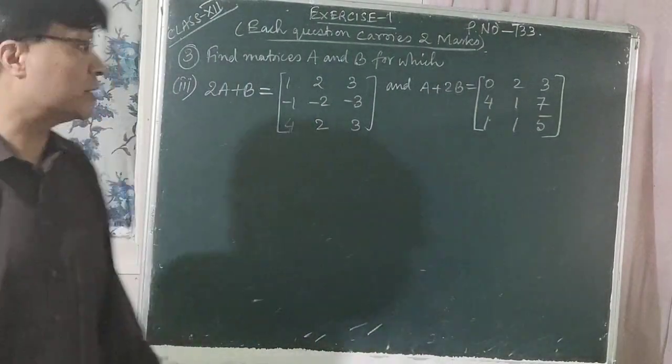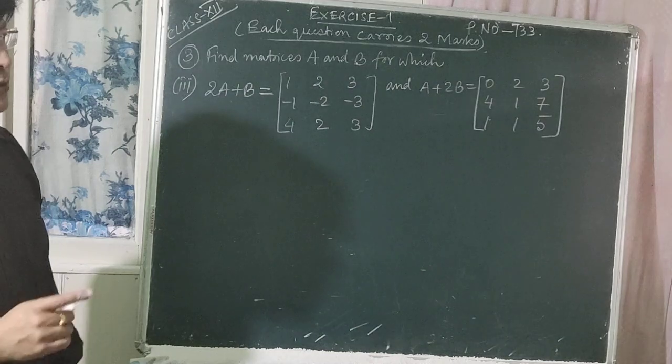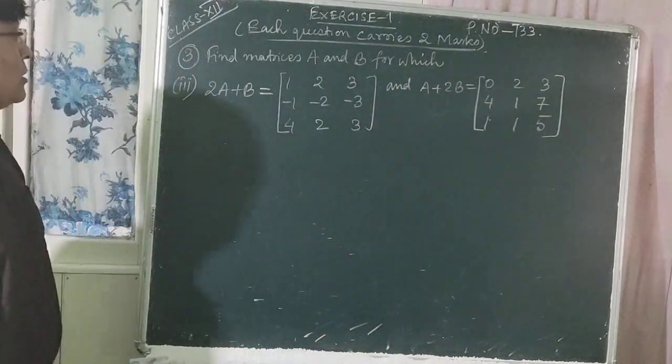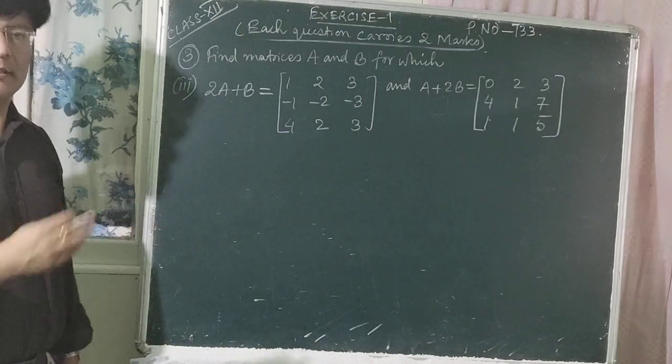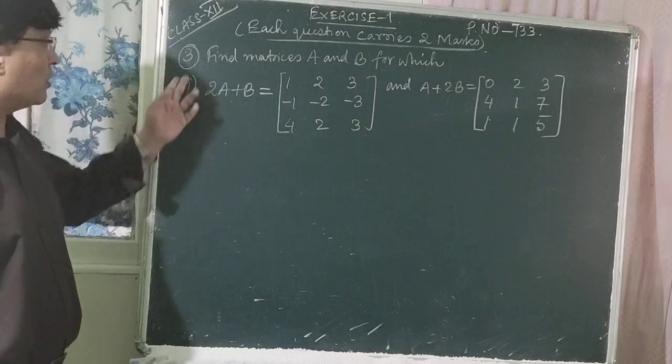So now we'll do the next question, that is number 3. And I'll give you number 1 and 2 of number 3 as homework. Okay? These all 3 are similar type of questions. So let's do number 3 of number 3.